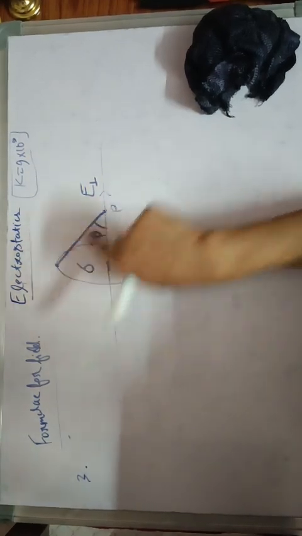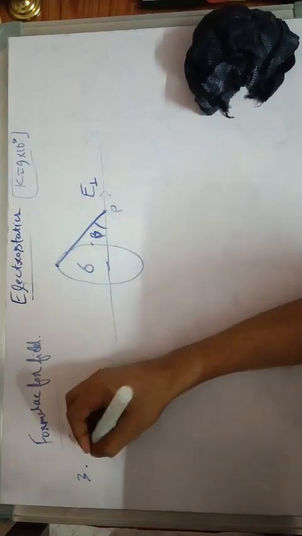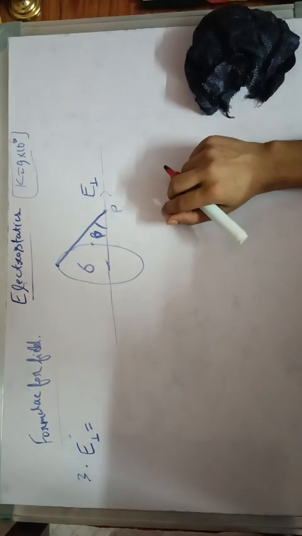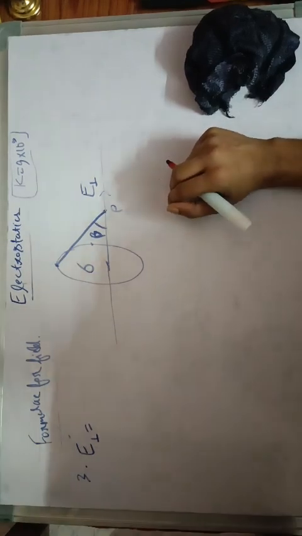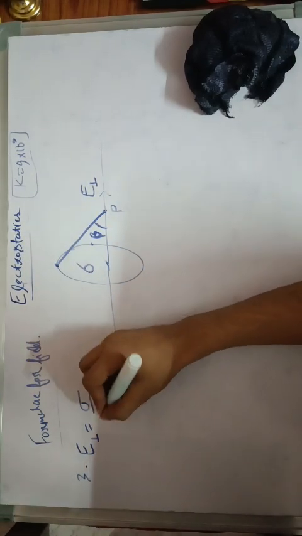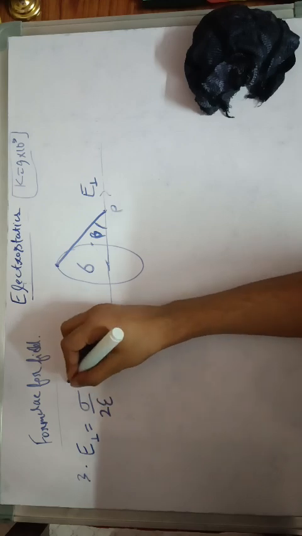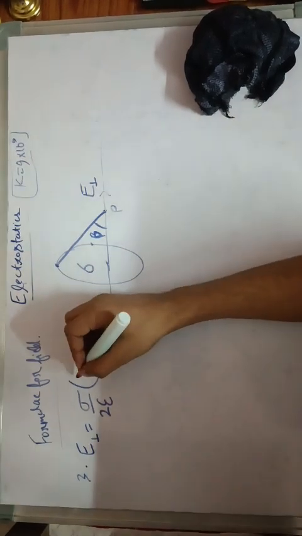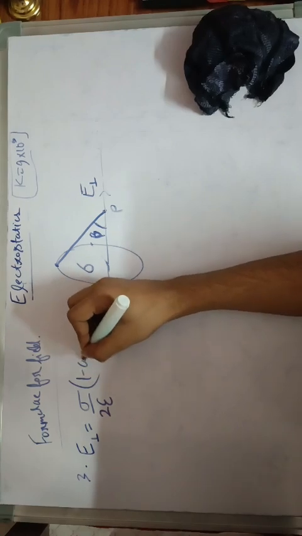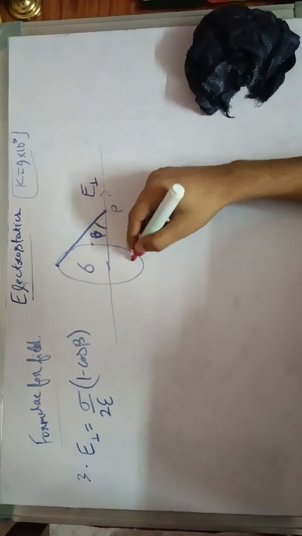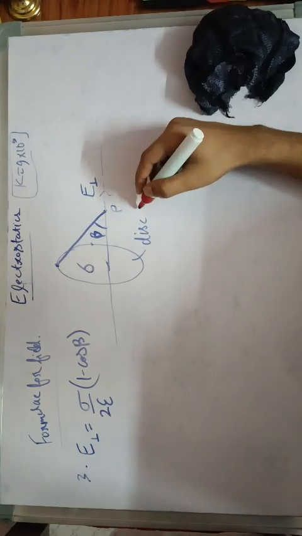Since this field is perpendicular to this plane, there would be only E perpendicular here, and the E perpendicular would be equal to sigma upon 2 epsilon times the bracket 1 minus cos beta. This is the formula for the field due to this disk of charge.